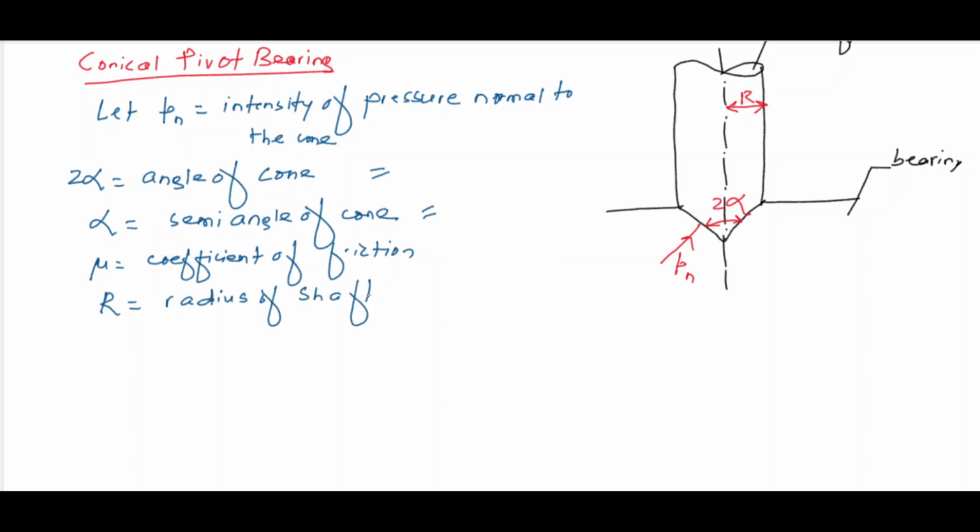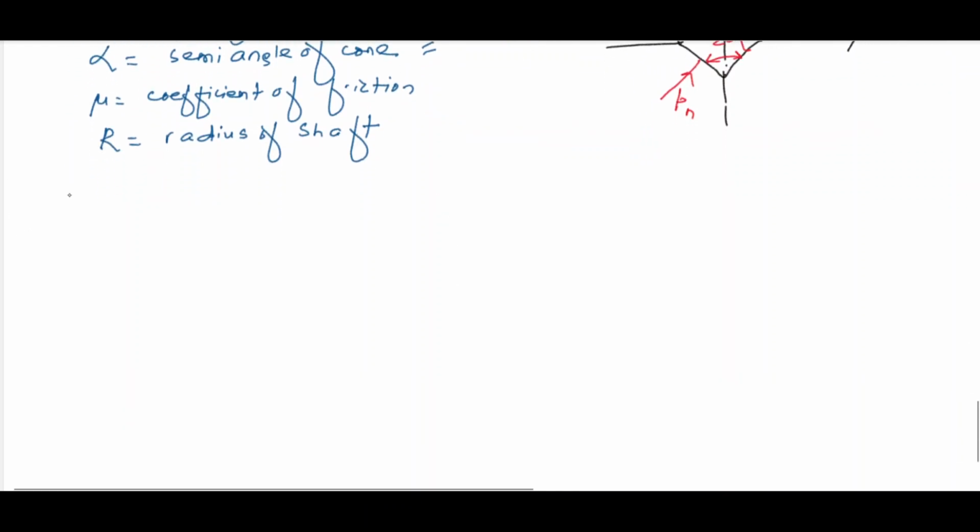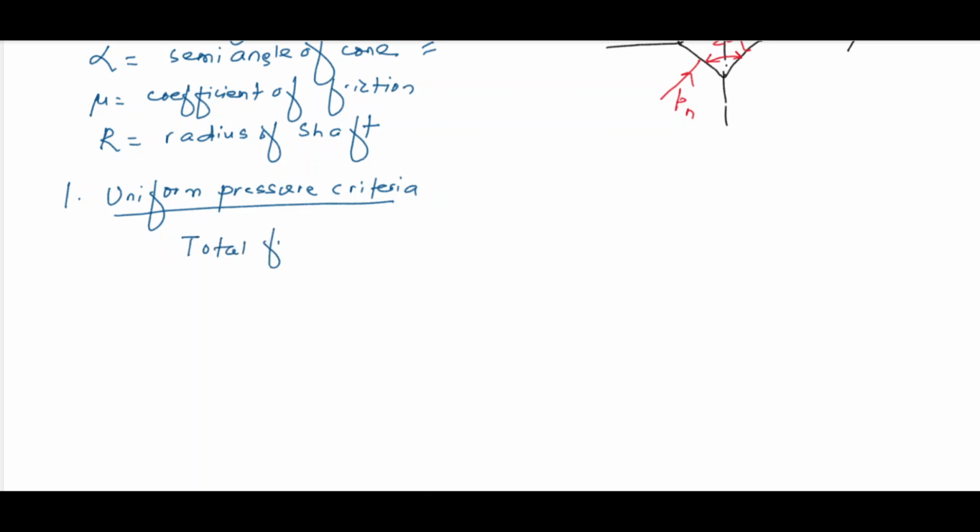So considering again the uniform pressure criteria, the total frictional torque T is 2 by 3 mu W R. Up to this it was in case of flat bearing.